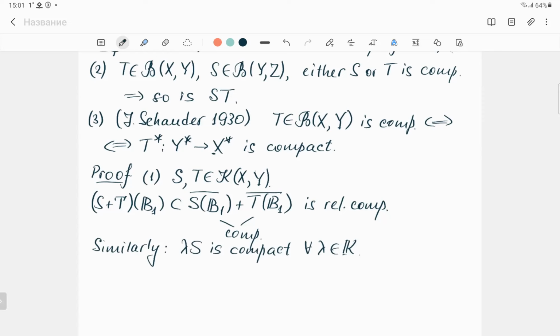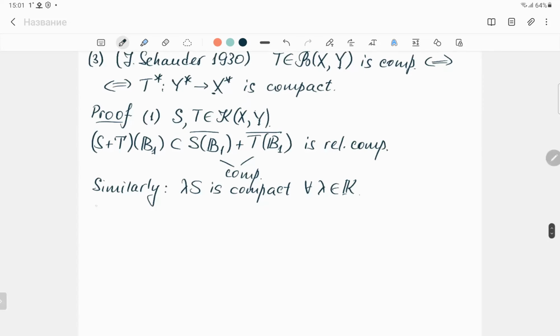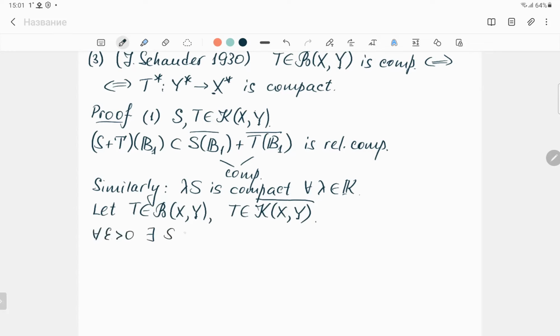Now let's show that it is closed. So we take a bounded operator T from X to Y, which is in the closure of K of XY. And we want to show that T is compact. Well, since T is in the closure, for each positive epsilon, we can find a compact operator S from X to Y, such that the distance between S and T is less than epsilon.